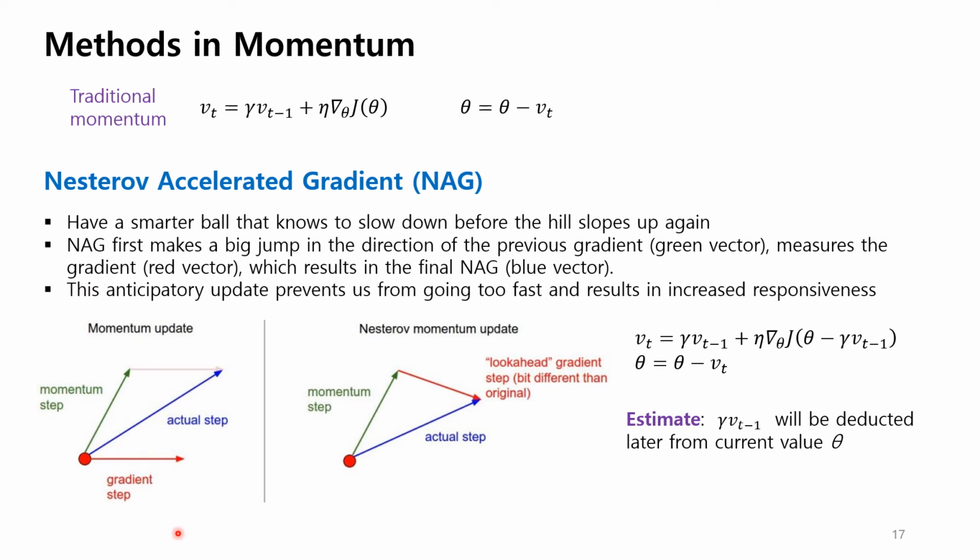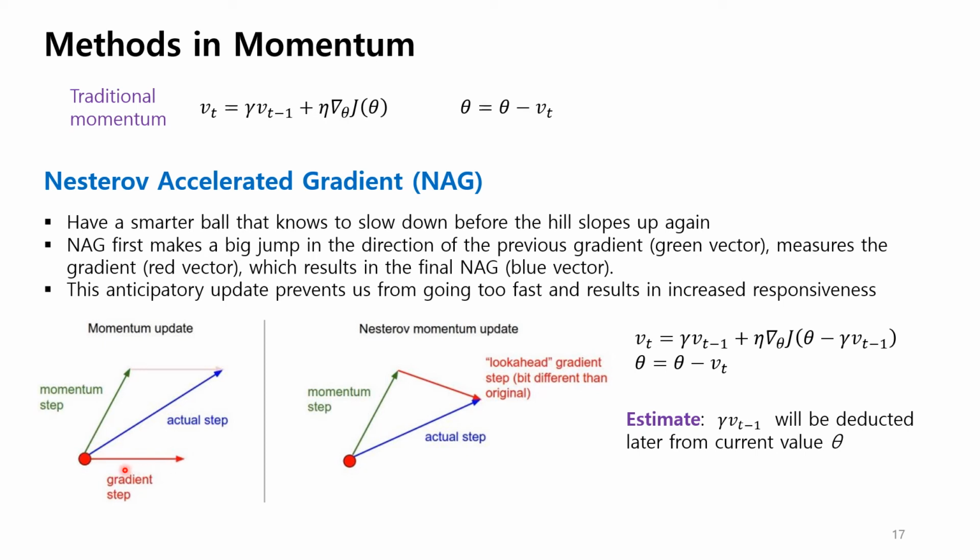The idea of NAG is as follows. Suppose you calculate the gradient at this point. Suppose the error surface at this point and the error surface at this point are quite different. For example, here it's downslope, there it's upslope, whatever. Then calculating the gradient at this point actually doesn't make sense.